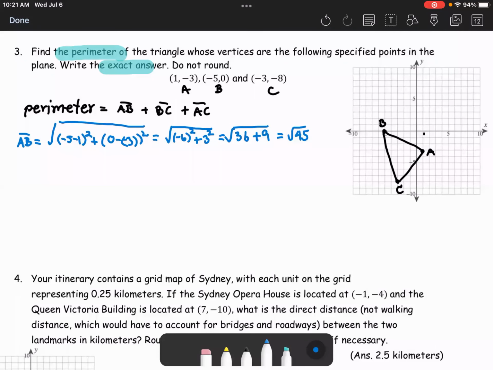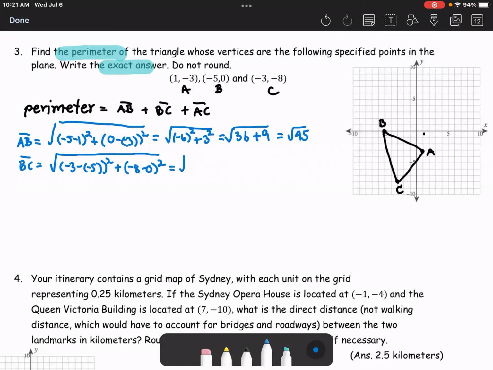And for the side BC, the length would be the square root of the difference of the first coordinates, which is -3 minus -5 quantity squared, plus the difference of the y coordinates, -8 minus 0 squared.